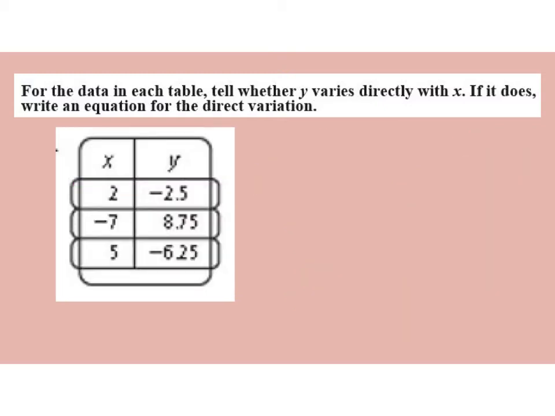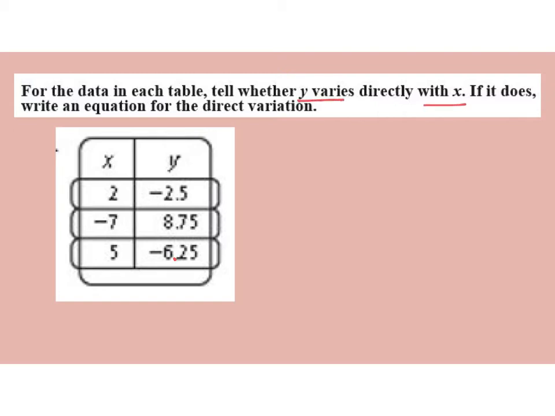Again, write down the table, and we're going to check to see if this table represents a direct variation. All right, so we're still doing that same thing.